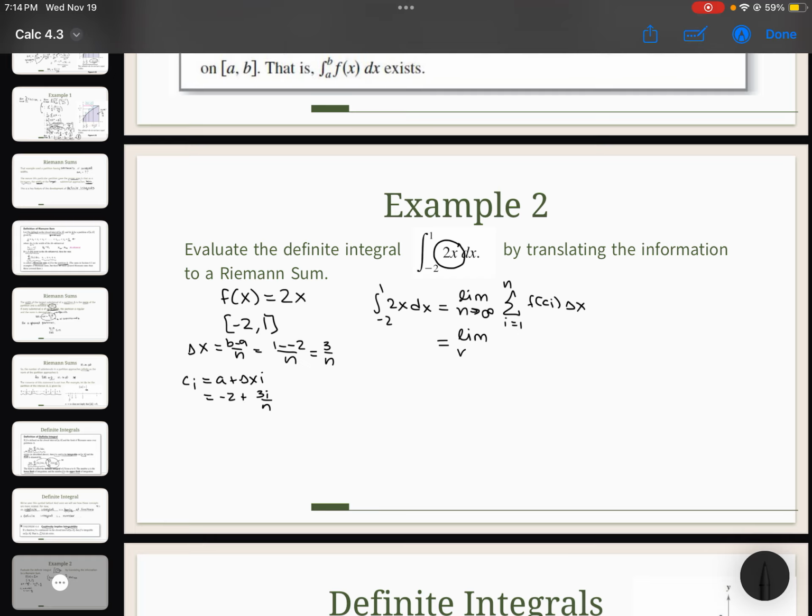We're going to have the limit as n approaches infinity for the summation from i equals 1 to n of our function was 2 times x, so 2 times -2 plus 3i over n. That whole thing representing heights times the width of every single rectangle. I'm not going to solve out this whole one.